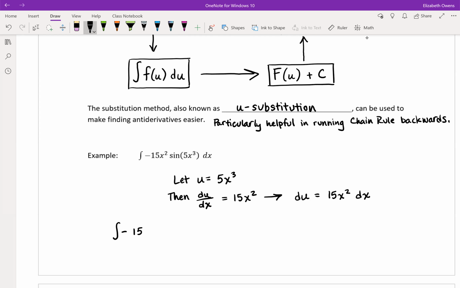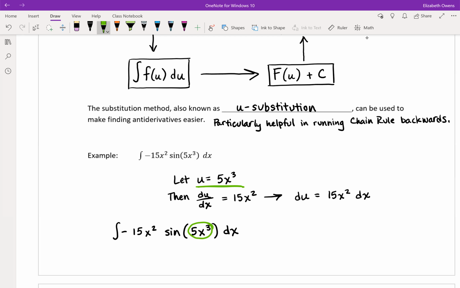Negative 15x squared sine 5x cubed dx. And I've given it a little extra space there because different pieces of this integral are going to get covered with different pieces of our u substitution here. We're letting u equal 5x cubed.